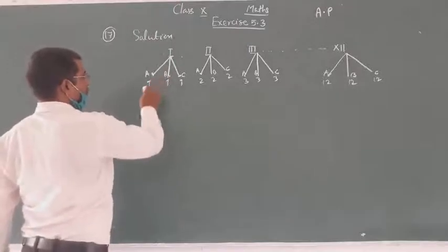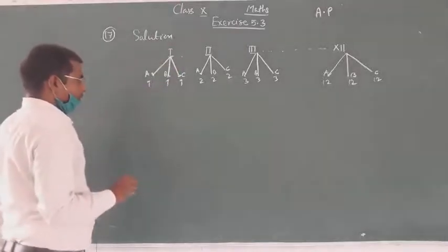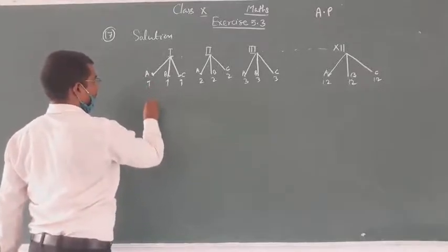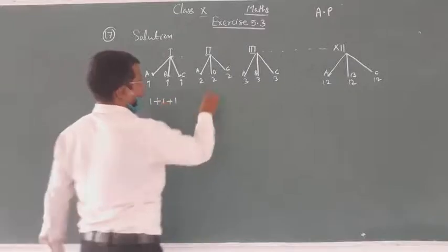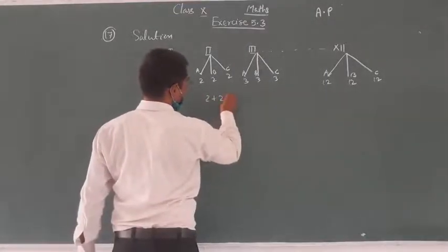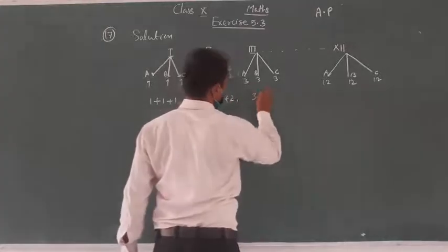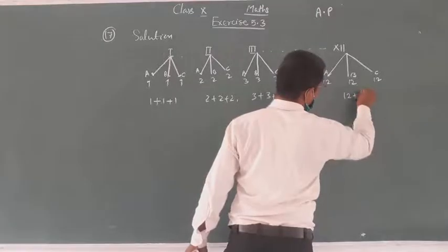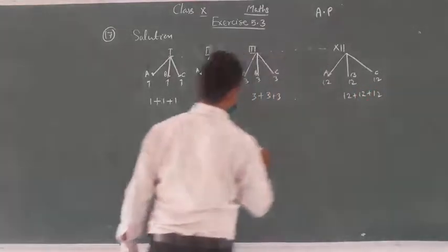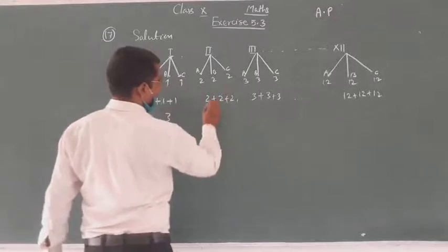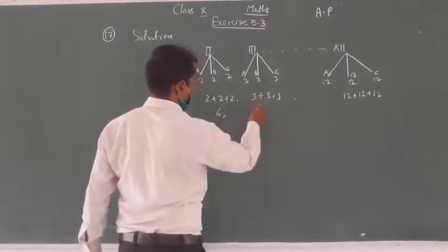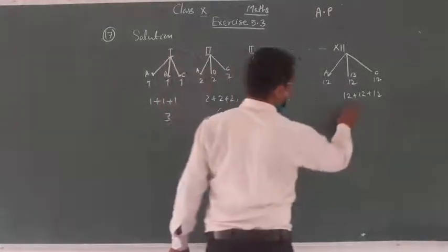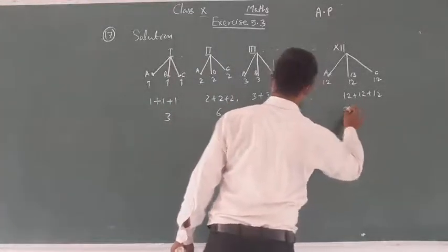So now the first class plants 1 plus 1 plus 1, then 2 plus 2 plus 2, and also 3 plus 3 plus 3, and so on up to 12 plus 12 plus 12. So now 3, 6, 9, up to 36.